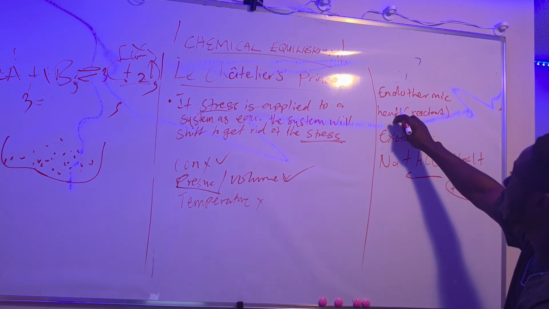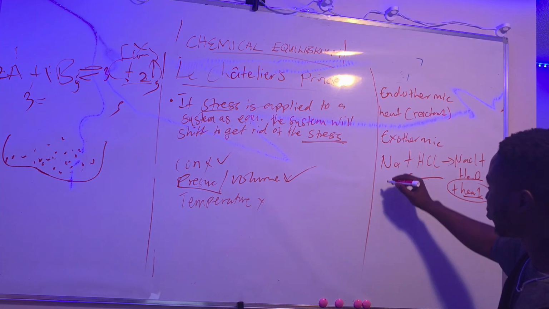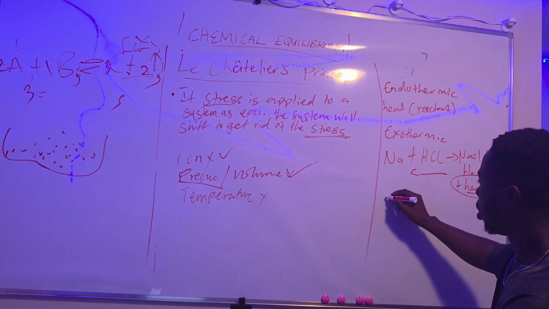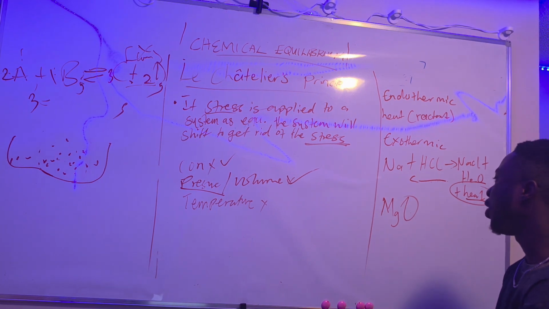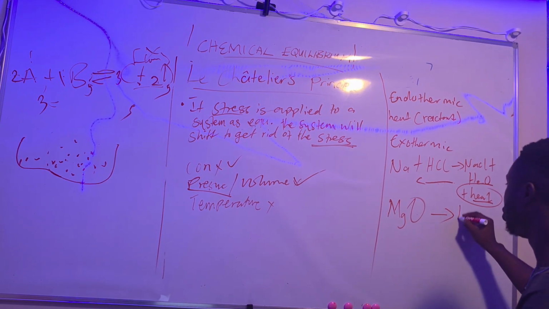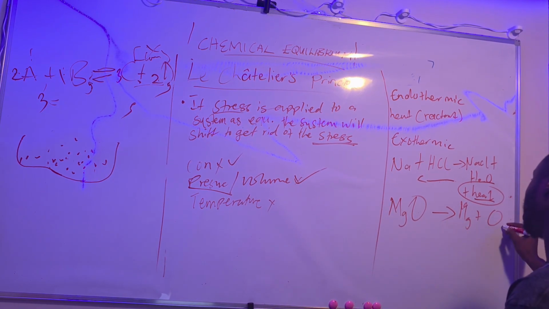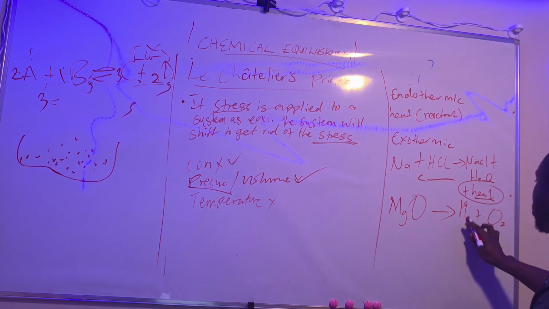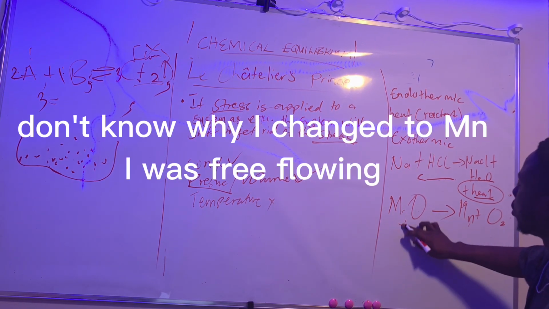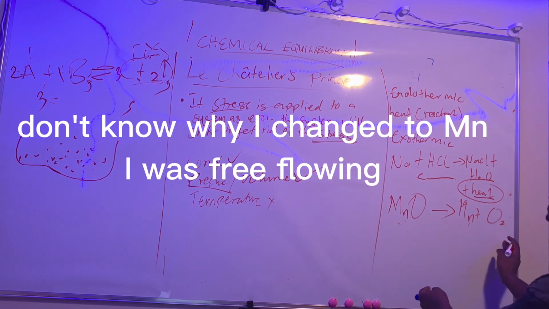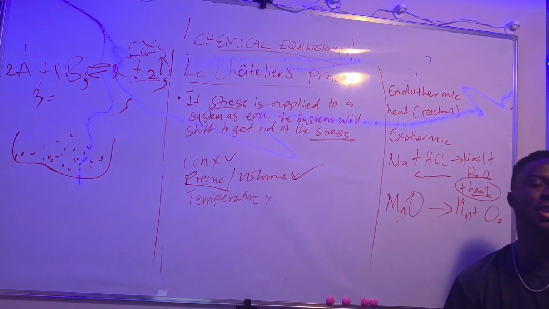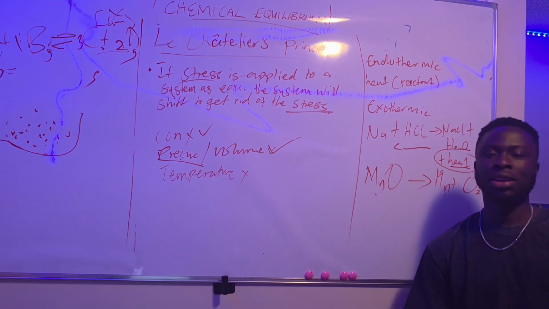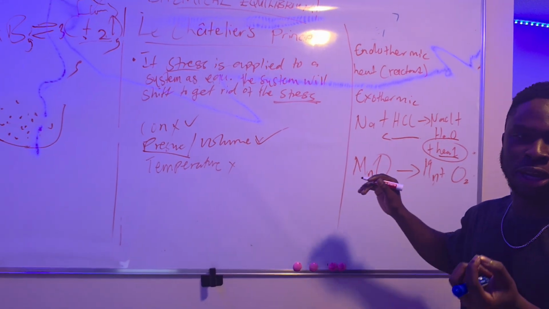Same thing over here. Let's say I have magnesium oxide. Like I'm burning magnesium oxide to produce magnesium plus oxygen gas, right? Now in this system, it's like you see the tip of a matchstick is a compound similar to magnesium oxide.